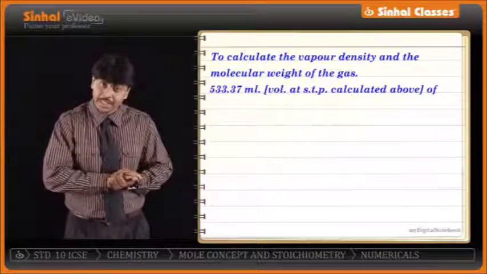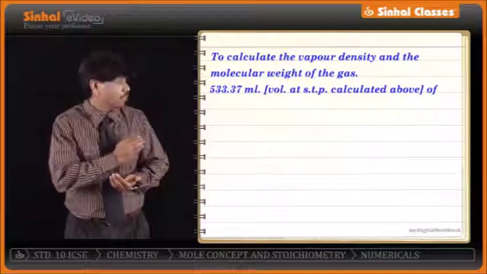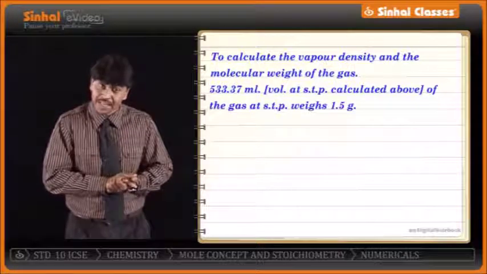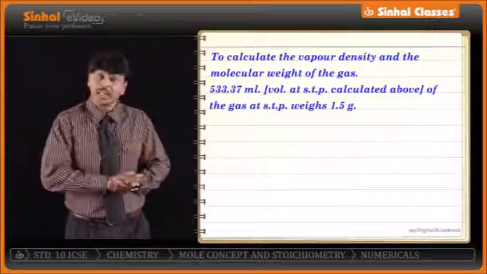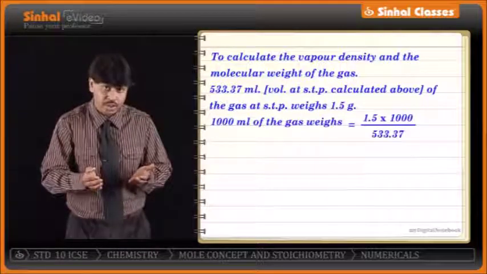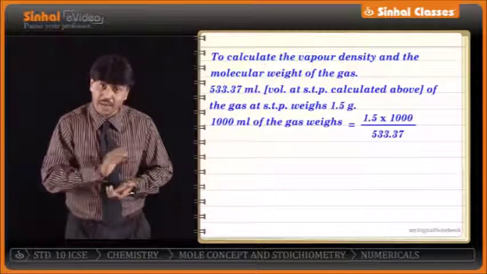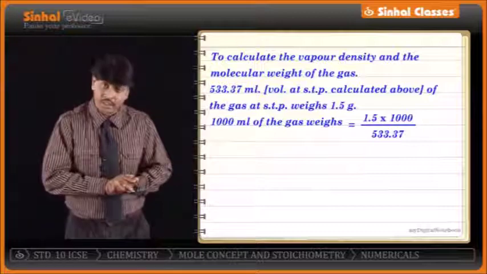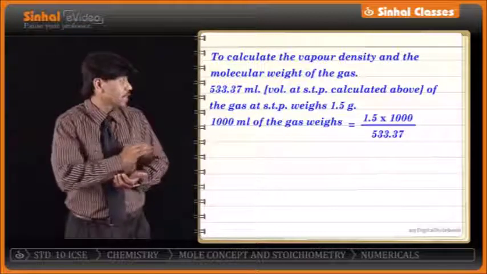Now this 533.37 ml volume of the gas calculated above corresponds to 1.5 grams weight, which is given in the problem. Therefore, 1000 ml of the same gas will weigh how much? We are converting it into 1 liter. 1000 ml is 1 liter. So, it is 1.5 into 1000 divided by 533.37.